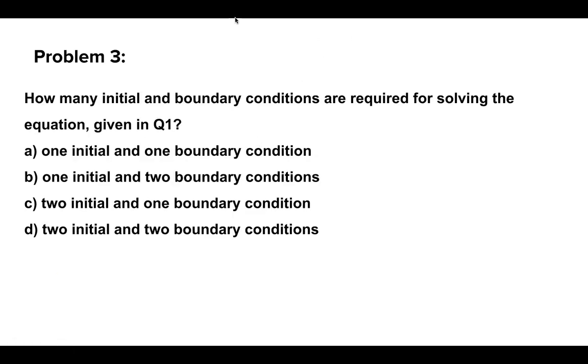Now the third question: how many initial and boundary conditions are required for solving the first question, the concentration variation in the spherical catalyst?